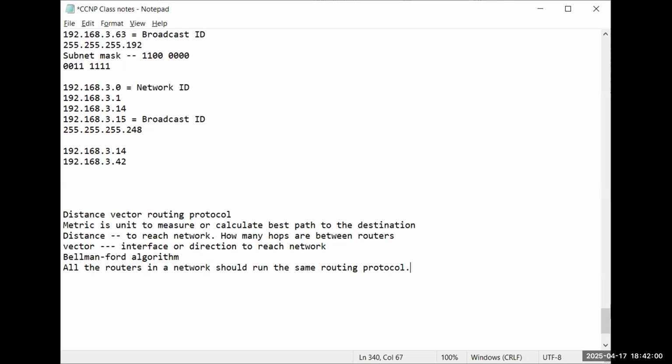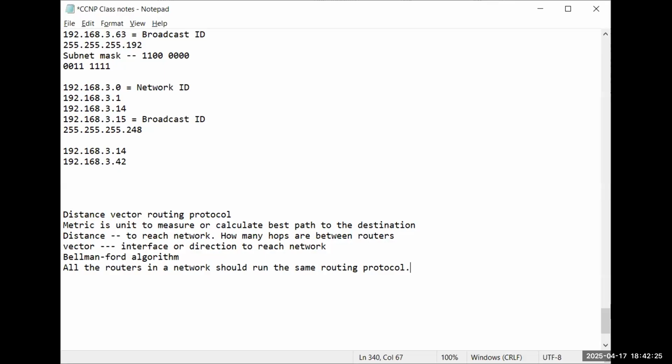But routers running a distance vector protocol, like I said, are going to advertise the routing information to their neighbors, from their own networks only. Whatever networks they have, they are going to advertise, and they are going to receive the other routers' routing information as well.